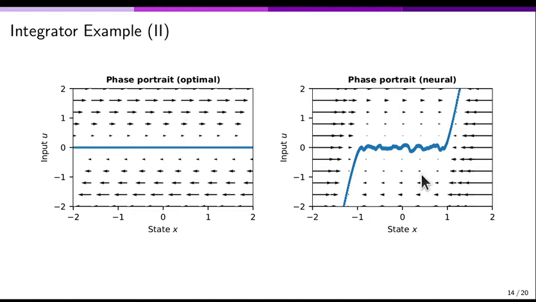If we do that, we get this plot on the right. Inside the range that we optimized it for, it's pretty much the same as the integrator. I've got some values that I'm stable for. If I'm positive, I'm going to go to the right. If I'm negative, I'm going to go to the left.